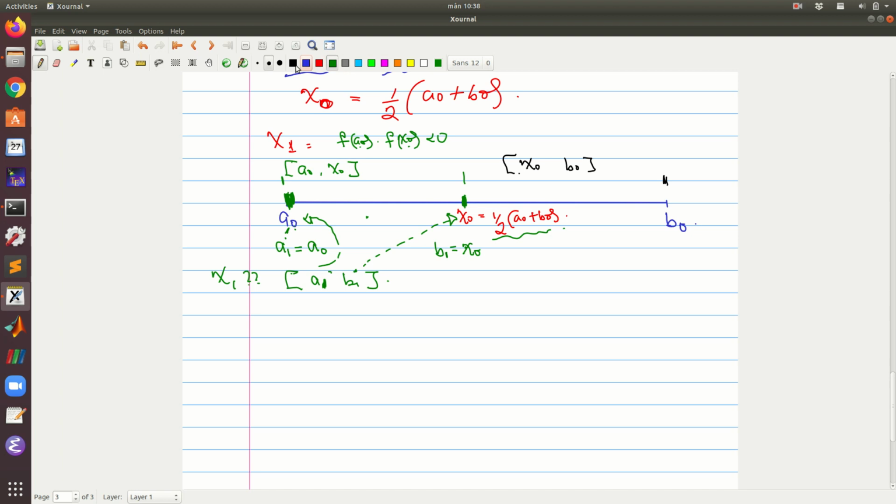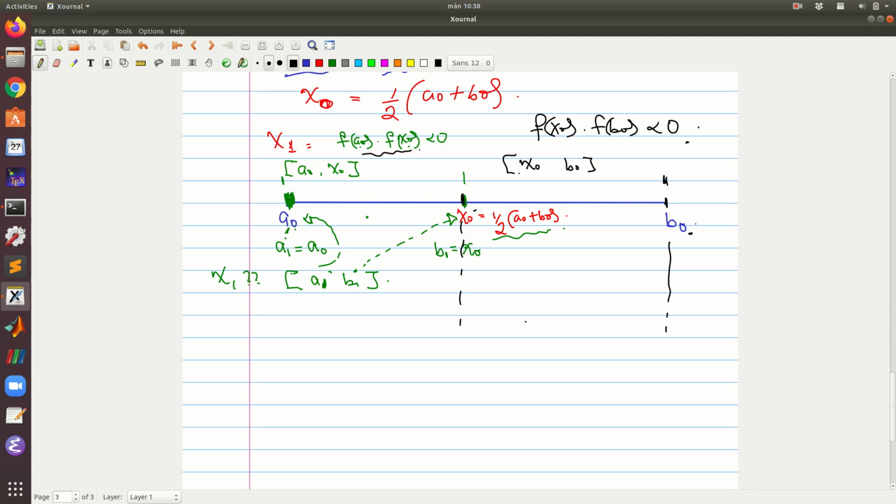Else, if this was not true, and it was true that f of x naught times f of b naught is less than 0, then we are sure that the root lies in this interval between x naught and b naught, because f of x naught and f of b naught are of different signs.